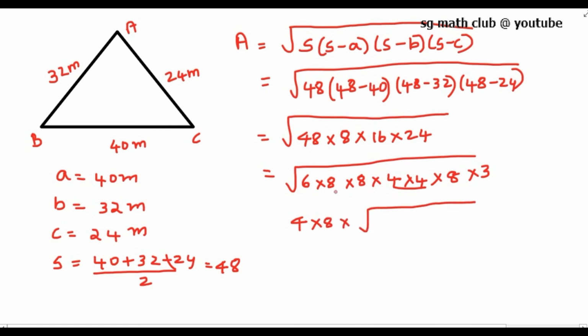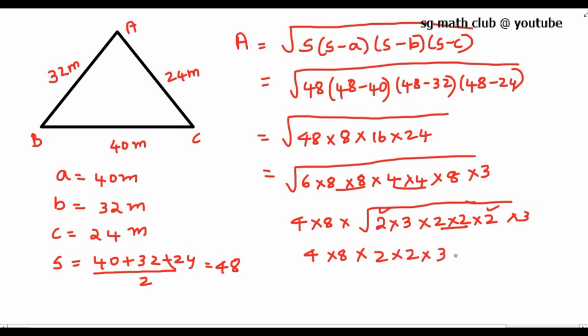So remaining is 6, you can write as 2 into 3. 8 you can write as 2 into 2 into 2, and into 3. So this is equal to 4 into 8, one 2 from here, again one 2 you can take outside, into 3, and when you multiply this, the area of the triangle is equal to 384 meter square.